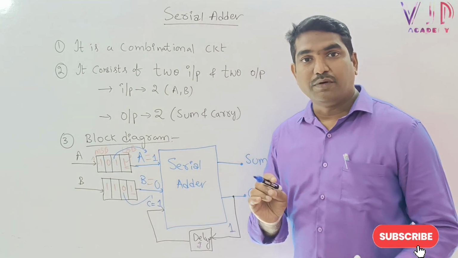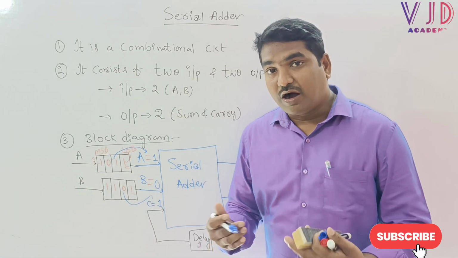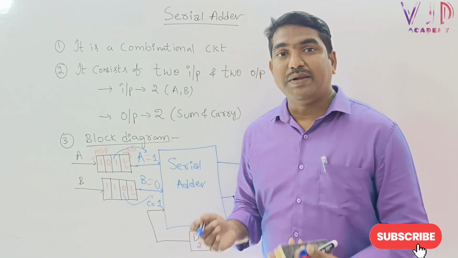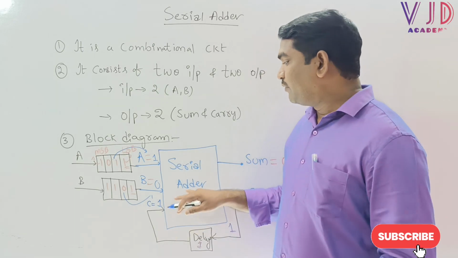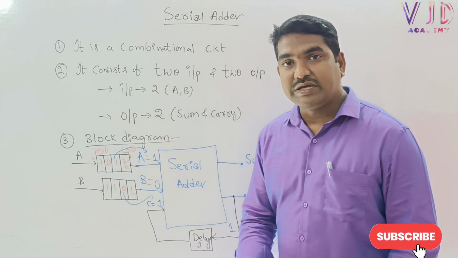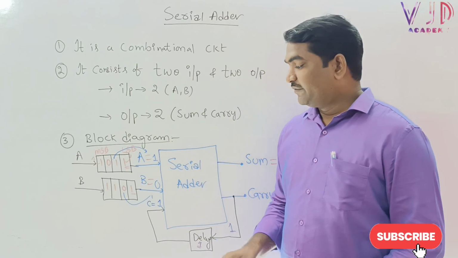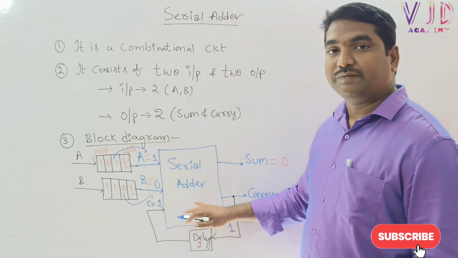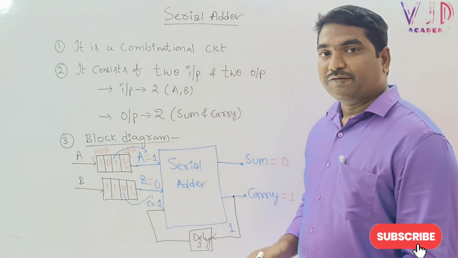How many full adders and half adders do we use to implement a serial adder? To implement one serial adder addition, we use one half adder, and all the others are full adders.